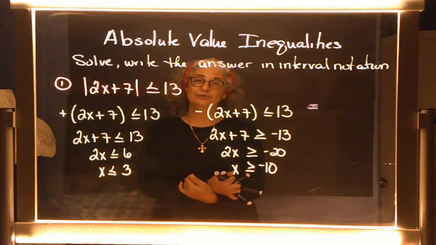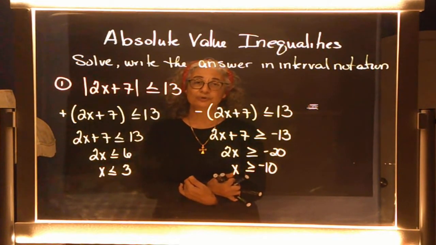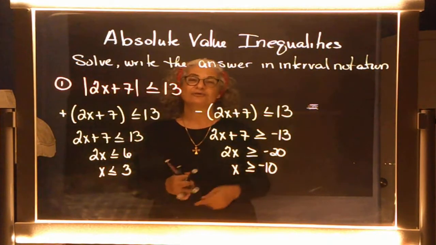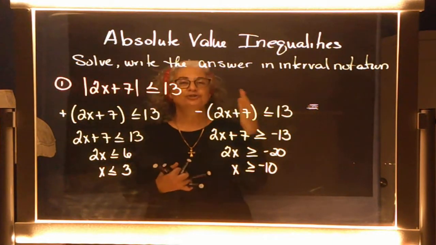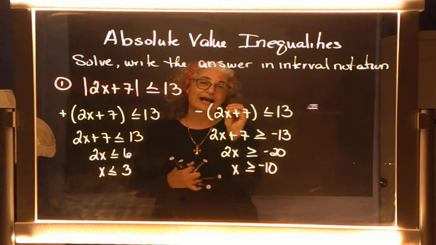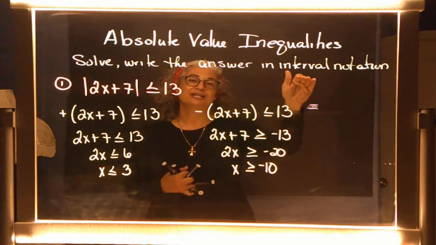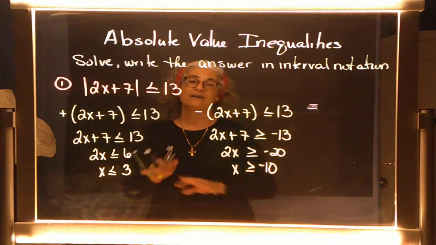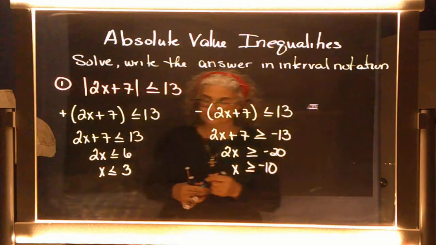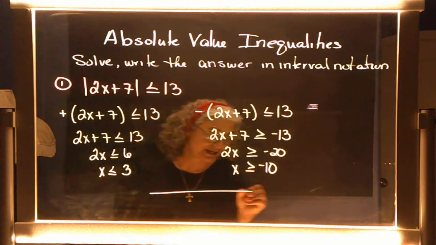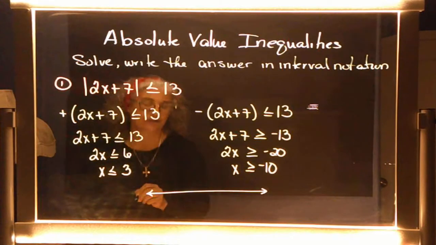Excellent. Okay, so help me out. Whether they tell you to or not, what do you always do before you write the interval notation? Good, you graph it, because the graph, or I should say the interval notation, is best written from the graph. So, I have the graph. What are the 2 numbers I care about?